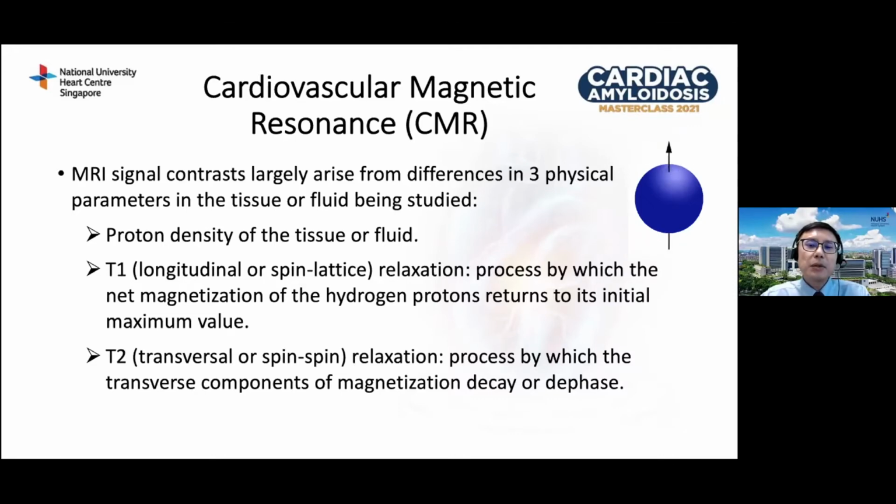The three basic physical parameters are the proton density of the tissue or the fluid that we are studying; the T1 relaxation, which is a process by which the net magnetization of the hydrogen protons returns to its initial value; and the T2 relaxation, which is a process of the relaxation or decay of the transverse component of magnetization.